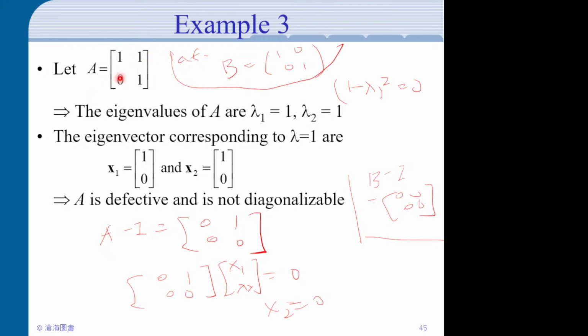So you cannot have 0 here and 1 here; you must have 1, 1 here, and then you will always be diagonalizable. But that's something we probably will not cover today.